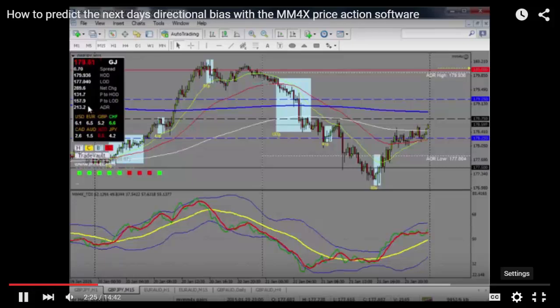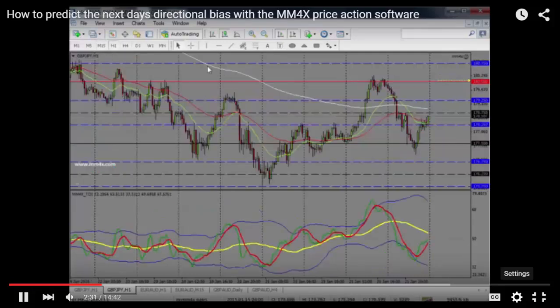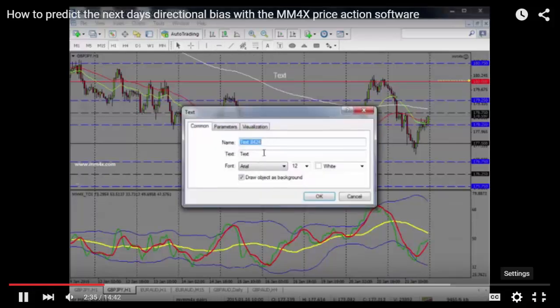So the first thing that I do is I take this number, 213 pips, and I go to the 1 hour time frame. And I'll go up here and I'll take this little text here and I'll put in ADR 213 pips.